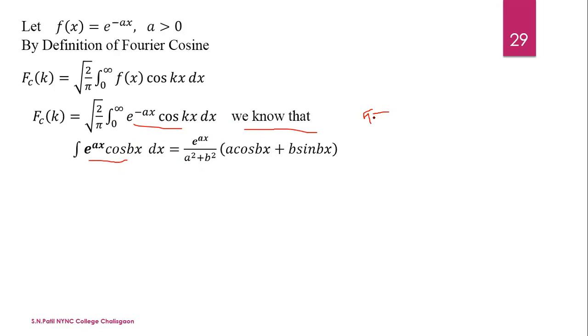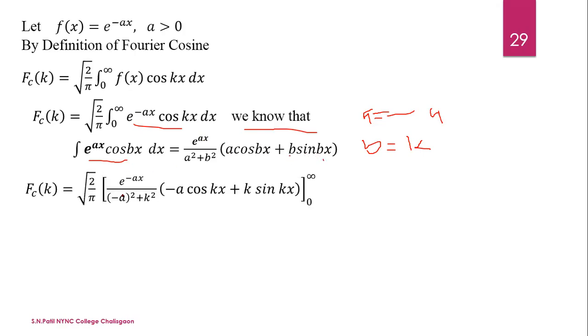Substitute here minus a, and here k. Then we get e raised to minus ax divided by square of minus a plus k square, into minus a cos of kx plus k sine of kx.